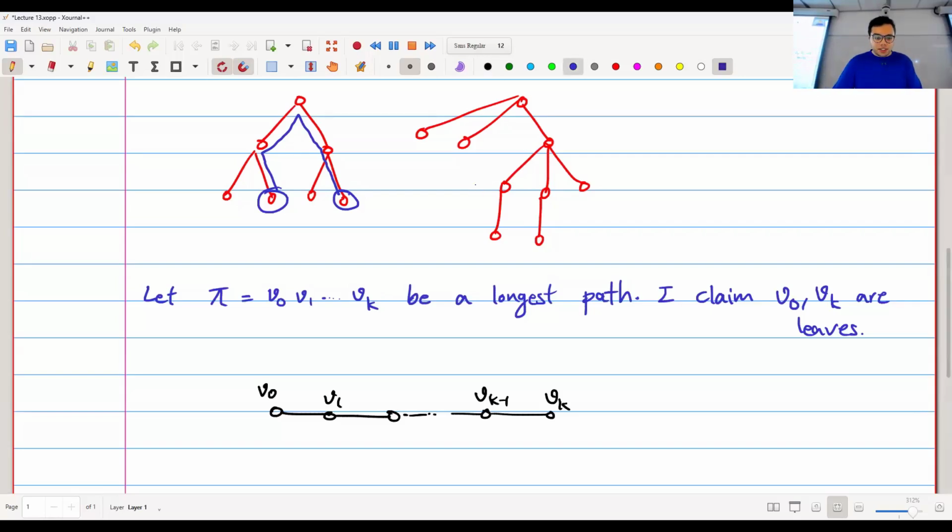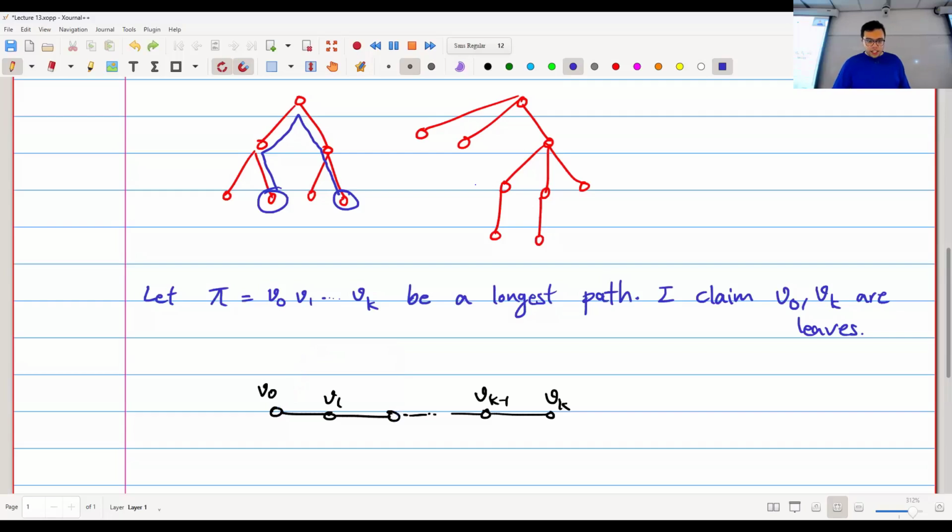If V0 is not a leaf, then that means that the degree of V0 should be more than 1, right? So there should be another edge coming out of V0. But where does that edge go? It cannot go to somewhere else in the same path, because if that happens, I have a cycle, right? And I'm talking about a tree. A tree doesn't have a cycle.